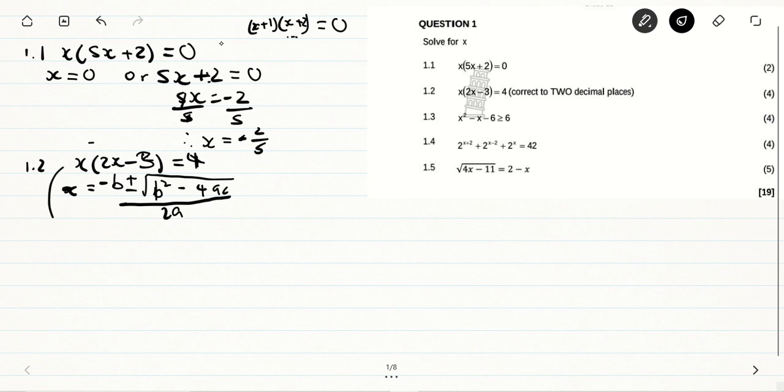So x multiplied by 2x is going to be 2x squared. And x multiplied by negative 3 is going to be negative 3x. And then when we take 4 to the left, it becomes negative 4. And that's all going to be equal to 0.